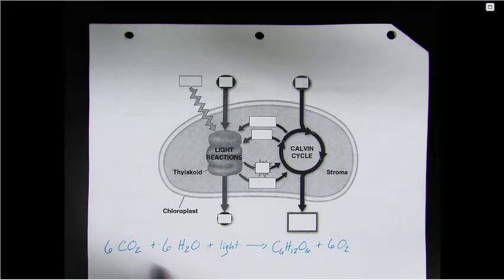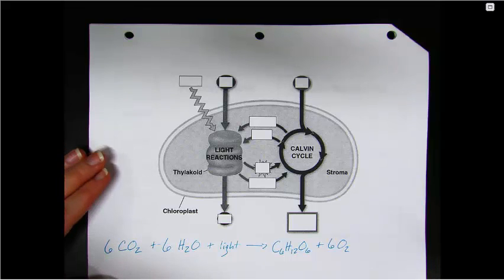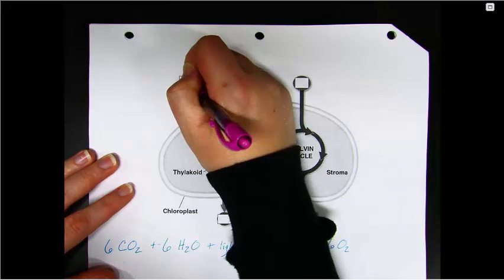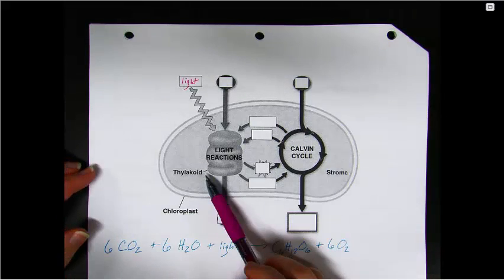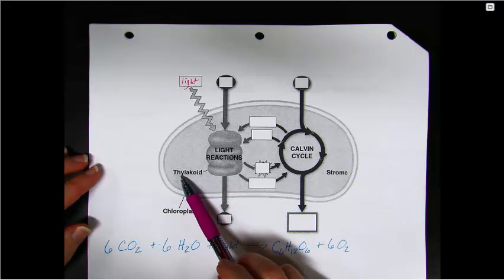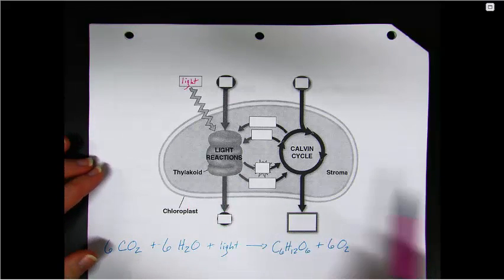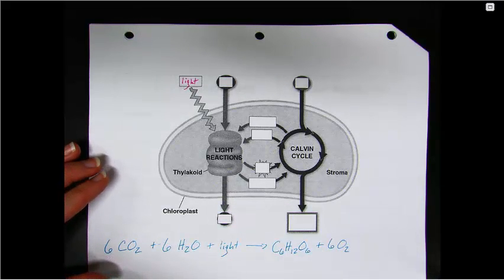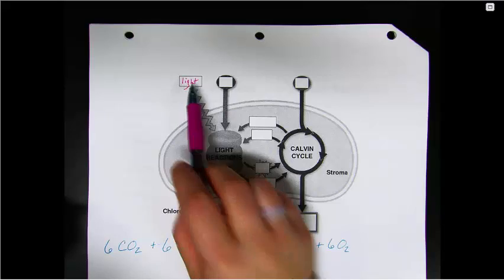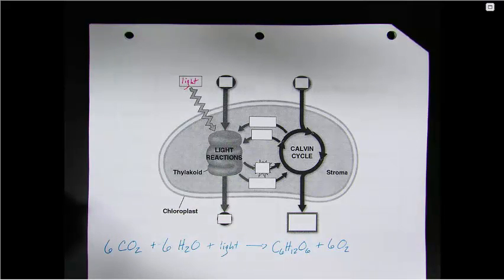Now let's go through to see where each of these pieces is used in the process of photosynthesis. So let's start over here on the left-hand side with our light reactions, and these are the first steps in the overall process. So we start with the sunlight coming in and hitting the photosystems in that thylakoid membrane. Now these are called the light reactions because they require sunlight.